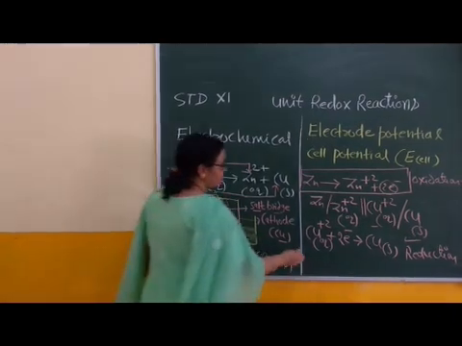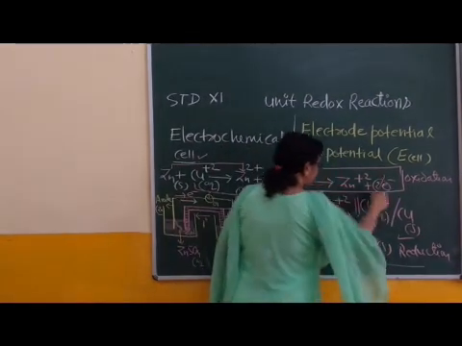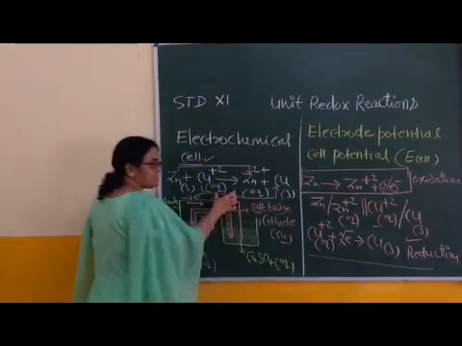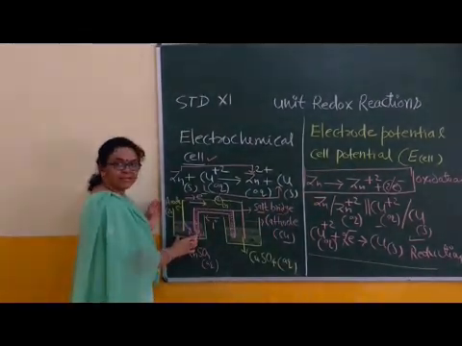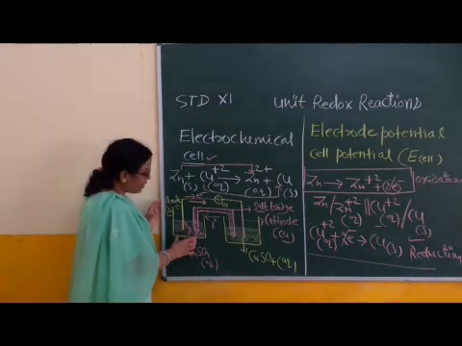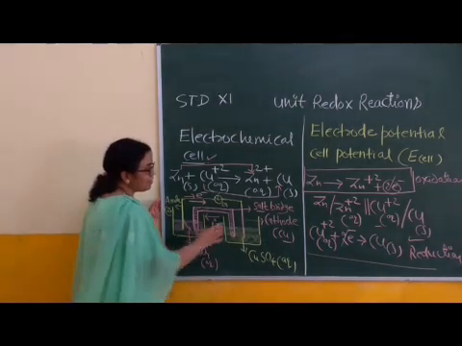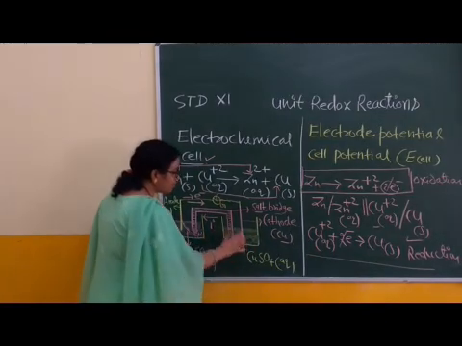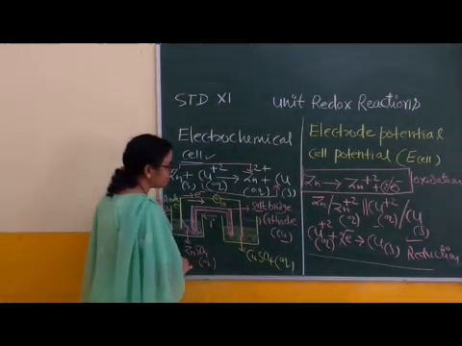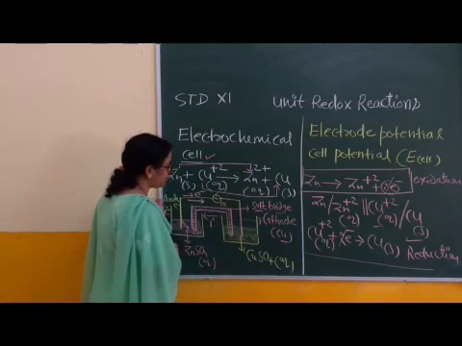Right? And what is the complete cell reaction? The electron is an unnecessary term. This is the complete cell reaction. This reaction occurs in this half cell, and this reaction occurs in the second half cell. Right?